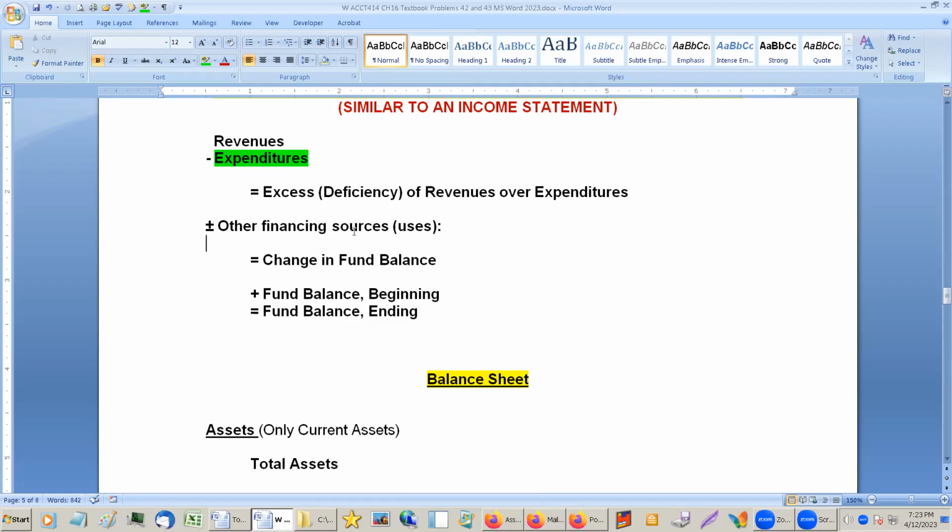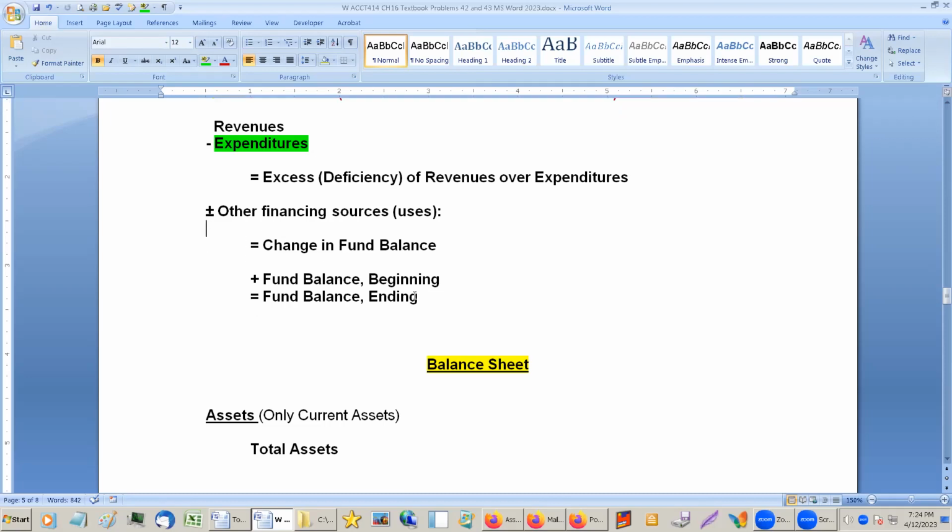If you pay off, or if you transfer money to somebody else, it'll be on here as kind of like an expenditure. Money transferring in is kind of like a revenue. So we have all these pluses and other financing sources and uses that can really be large. That $8 million bond would come in here almost like a revenue. It won't be up here in the revenues, but it'll be added to it.